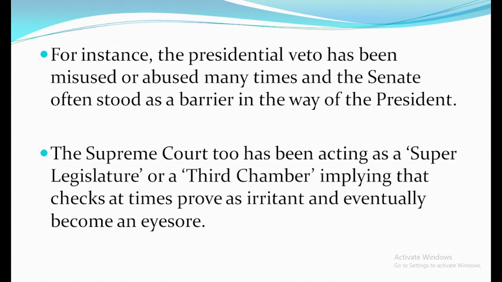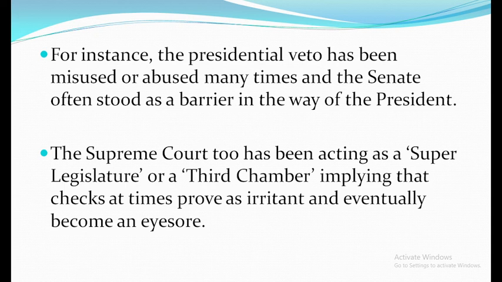But though President Woodrow Wilson, the then President of the United States, was one of the main architects of the League of Nations, the United States never became a member of the League of Nations because the decision of President Woodrow Wilson was never approved by the Senate. In such cases, even in the international sphere, the Senate often acts as a stumbling block or as a barrier in the way of the president.